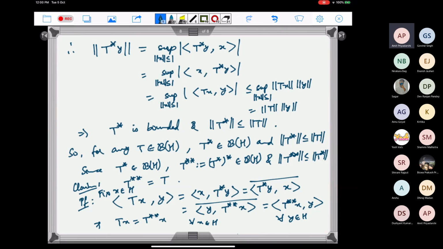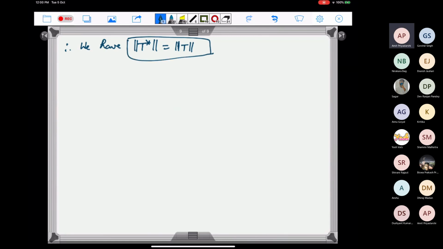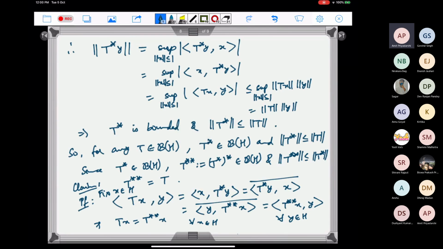So this is one property, and therefore we have the norm of T star is equal to the norm of T. This is one important property of adjoint, that the norm of the adjoint of an operator is the same as the norm of T. This is because we already had the norm of T star is less than or equal to the norm of T, and then the norm of T, which is the norm of T star star, is less than or equal to the norm of T star.